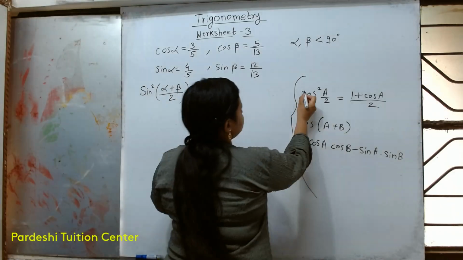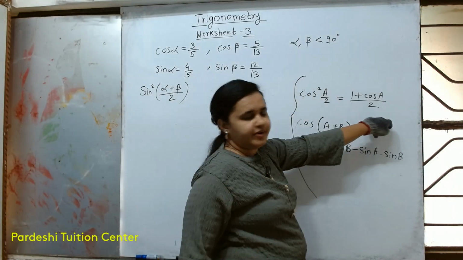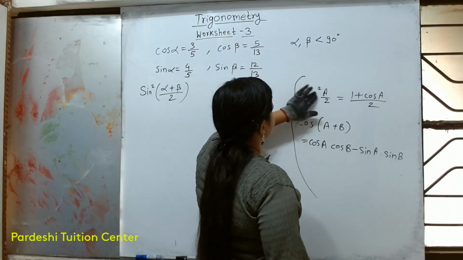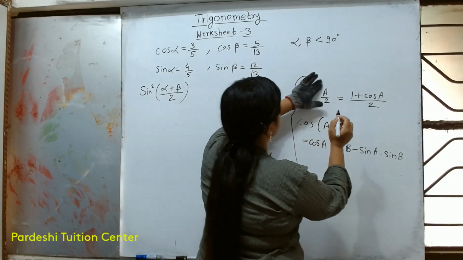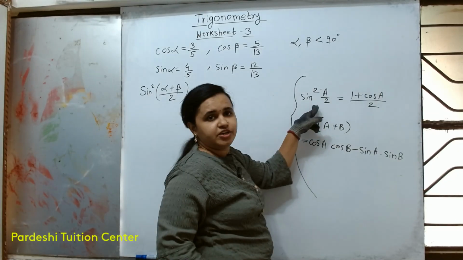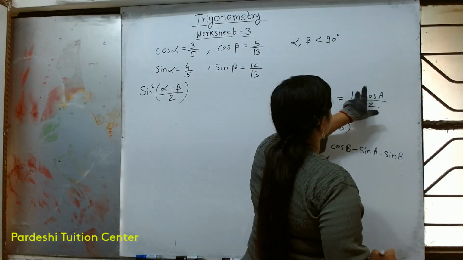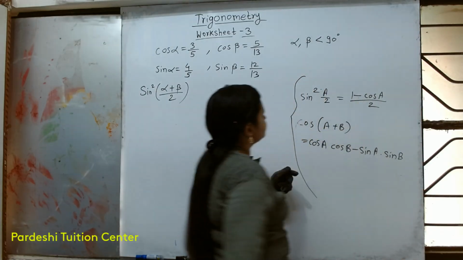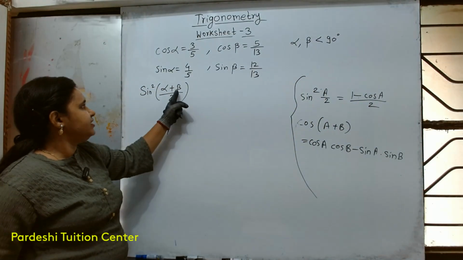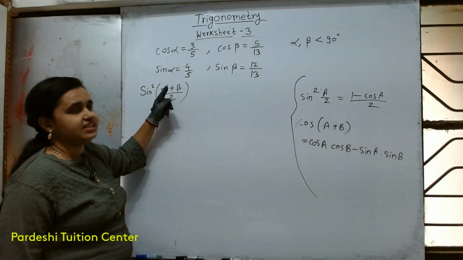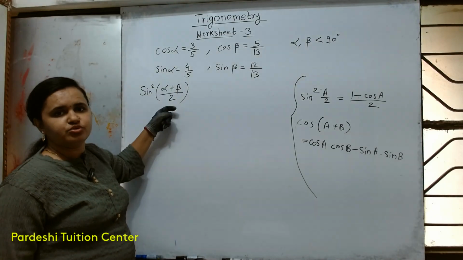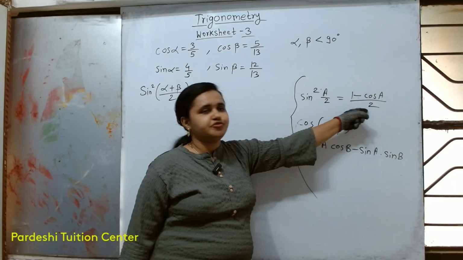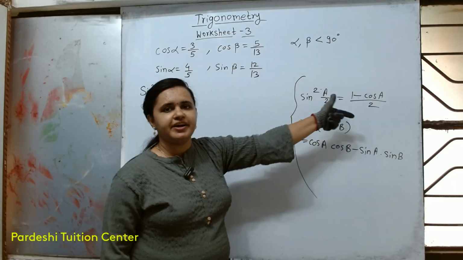Cos square A by 2 was (1 plus cos A) by 2, so what is sin square A by 2? Sin square A by 2 is (1 minus cos A) by 2. Here it is alpha plus beta. If I take alpha plus beta as A, we can consider it as sin square A by 2, so we put in this formula: 1 minus cos A, by 2.